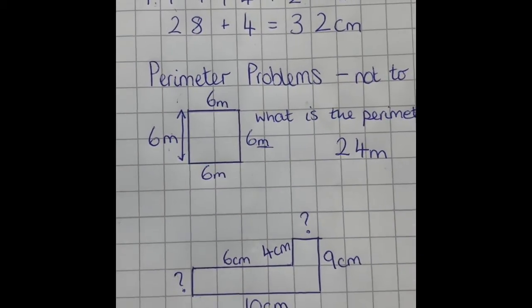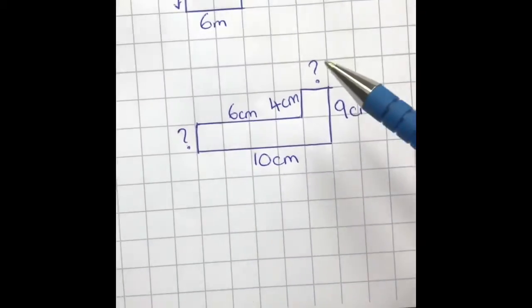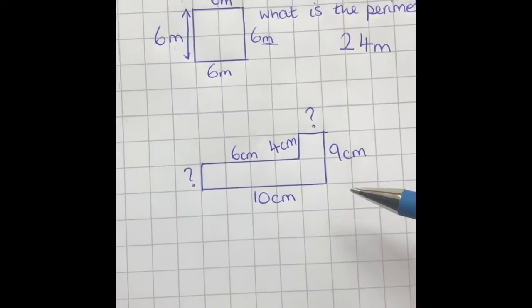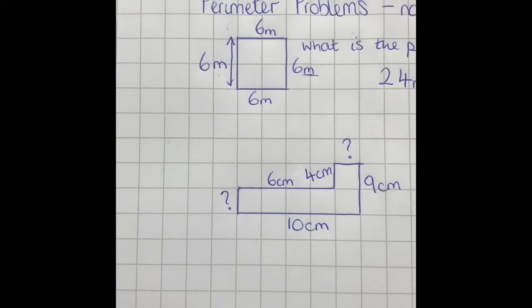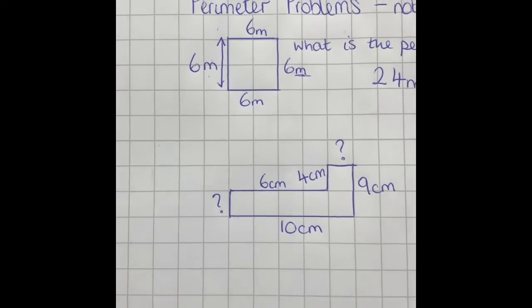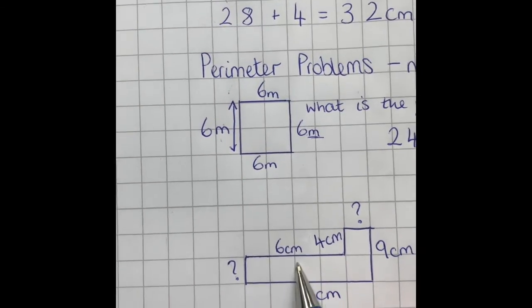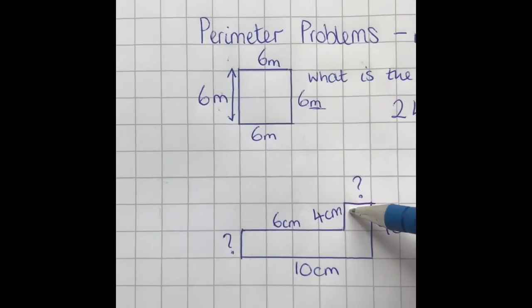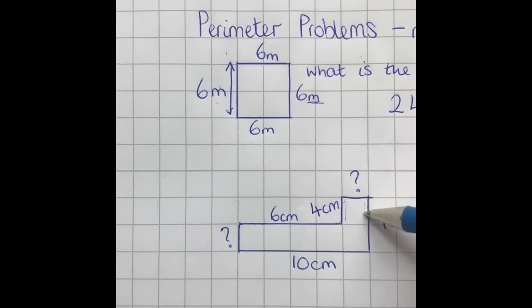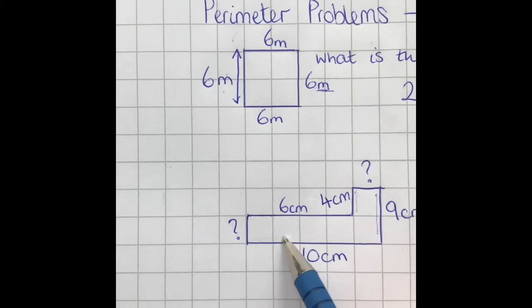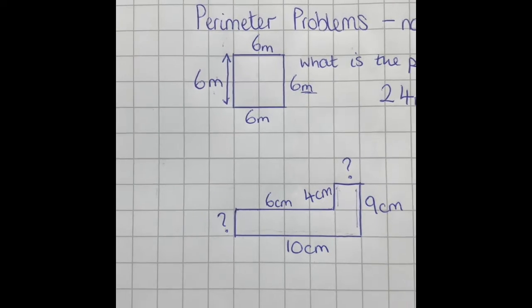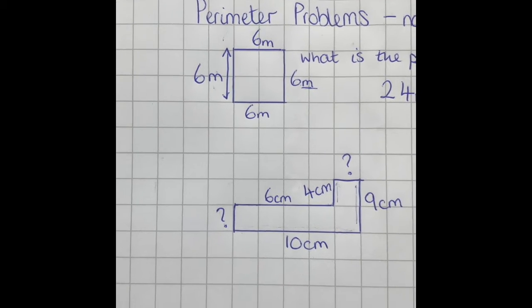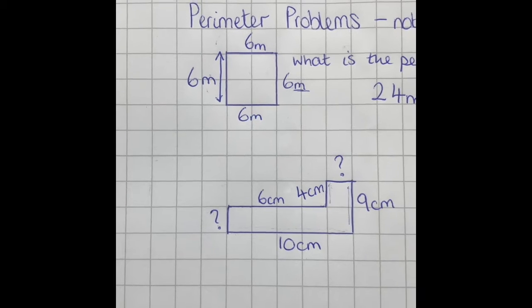That's the perimeter. Perfect. Now this one is a little bit trickier. The question marks here are missing measurements, and that's what it wants you to work out. So you know this length here, you know this length, you know this length, and you know this length. So you need to use what you know to help you work out the answers.